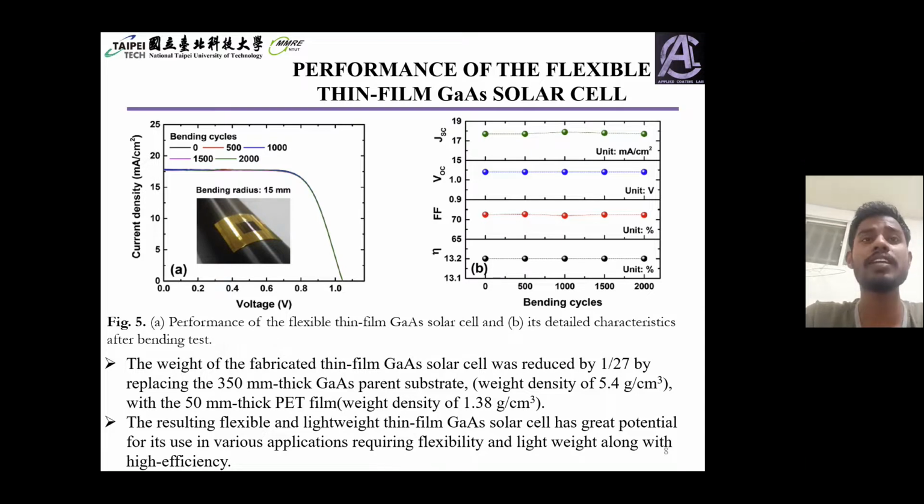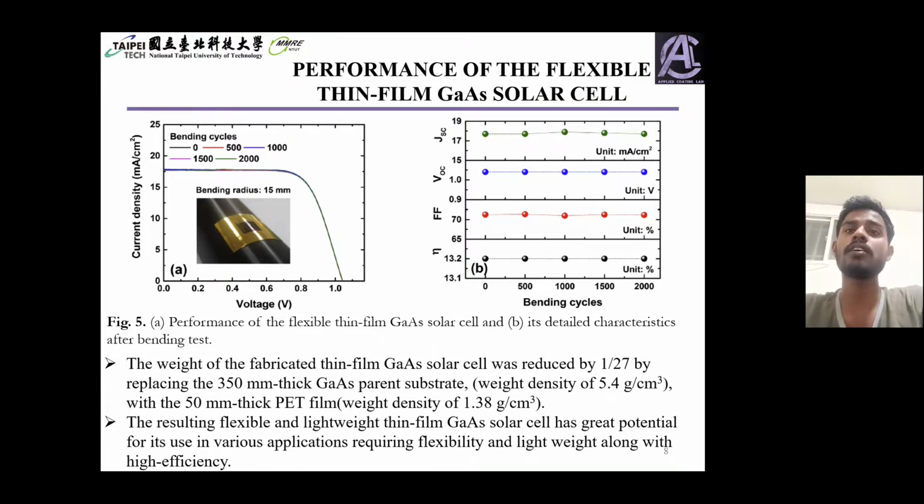The weight of the fabricated thin film solar cell was reduced to 1/27 by replacing the 350 micrometer thick gallium arsenide parent substrate. The fabricated solar cell shows a specific power of about 1.501 kilowatt per kg, and the resulting flexible and lightweight thin film gallium arsenide solar cell has great potential for use.